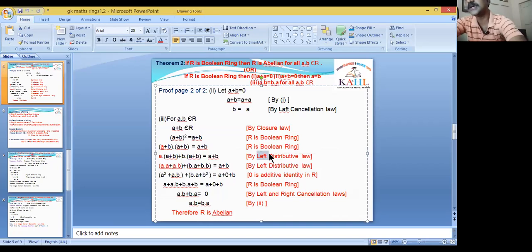Kindly understand that. What is that? A plus b on the right side was distributed to this a and a plus b. Okay?